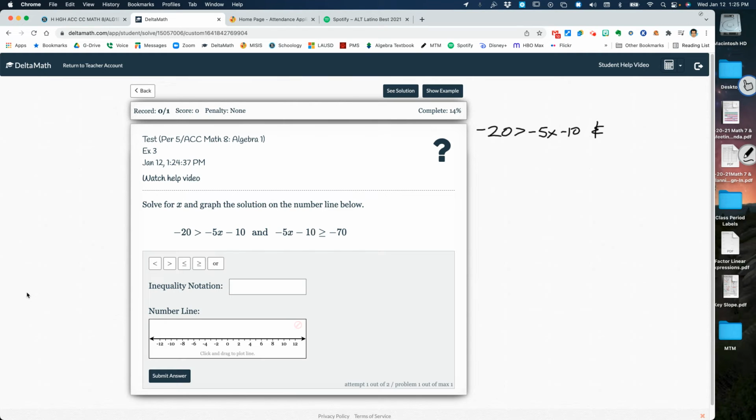And then we have the same thing over here. Negative 5x minus 10 is greater than or equal to negative 70. Do you guys notice we have the same expression here? Negative 5x minus 10 on both sides. I could have rewritten this a little shorter like this, and it would have looked similar to what I had.